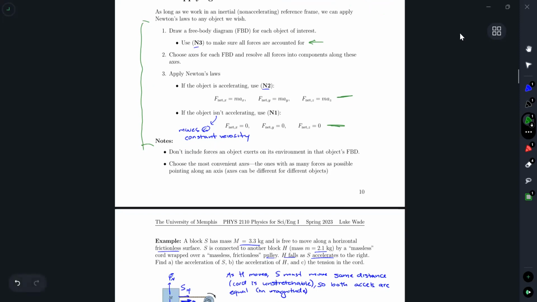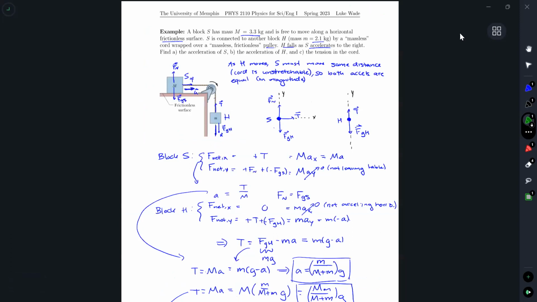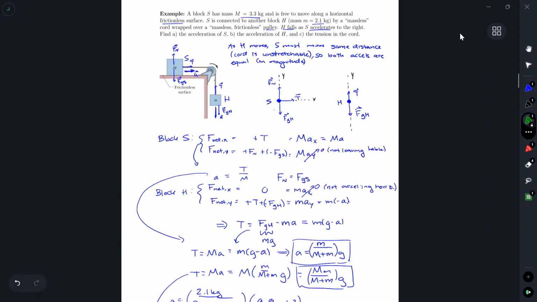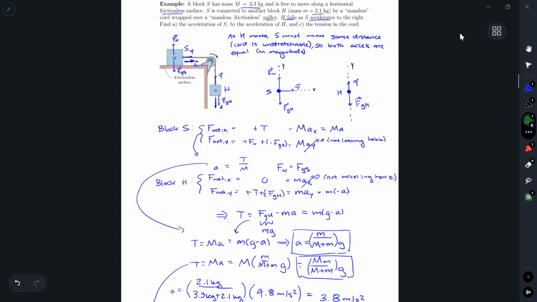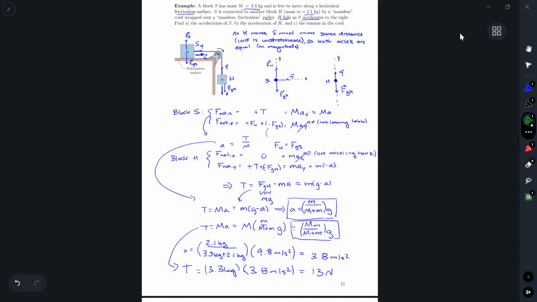Okay, here's that example that I have been talking about as far as tension acting in different directions and accelerations acting in different directions. So if you understand why we're choosing the signs we're choosing, and you can reproduce the correct signs for things, sometimes we'll say that one's zero. Sometimes we're saying positive, or down here we're saying negative.